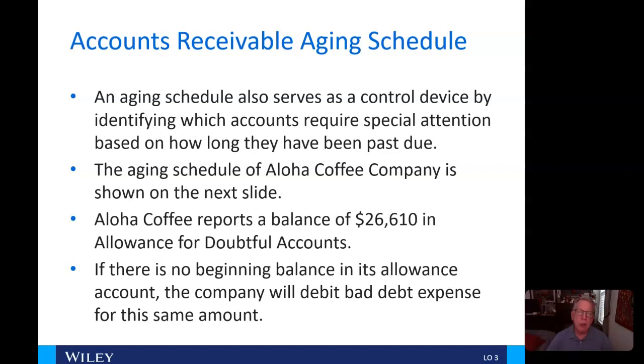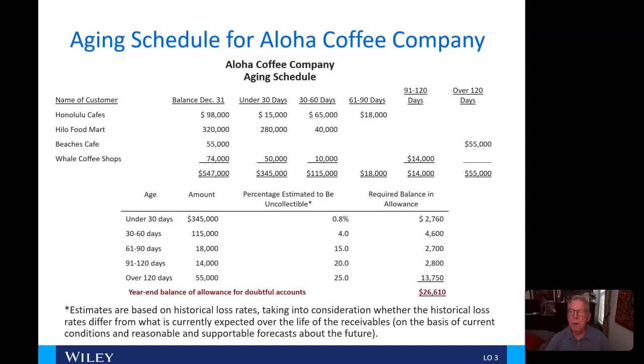The aging schedule of Aloha Coffee Company is shown in the next slide, and it reports a balance of $26,610 in the allowance for doubtful accounts. There's no beginning balance in its allowance account, and the company's going to debit bad debt expense for this same amount. So here we are, and here's all their customers here, totals of 547,000.